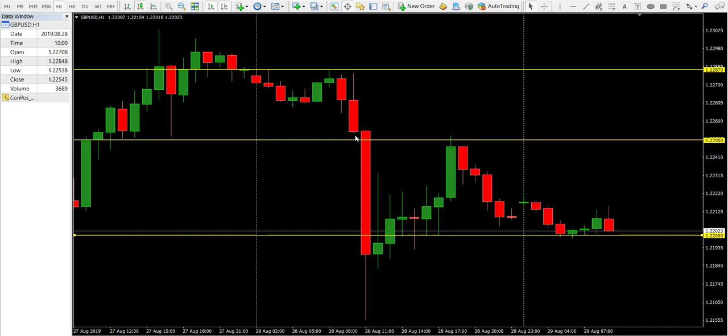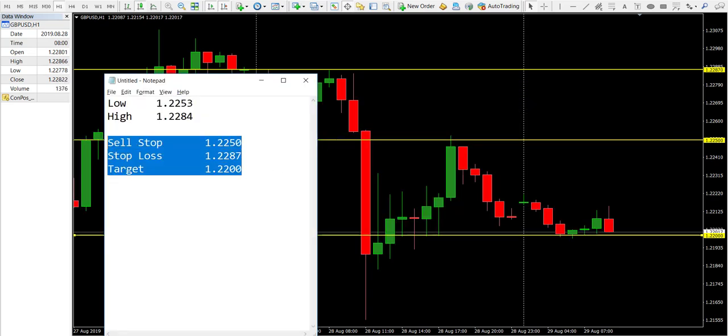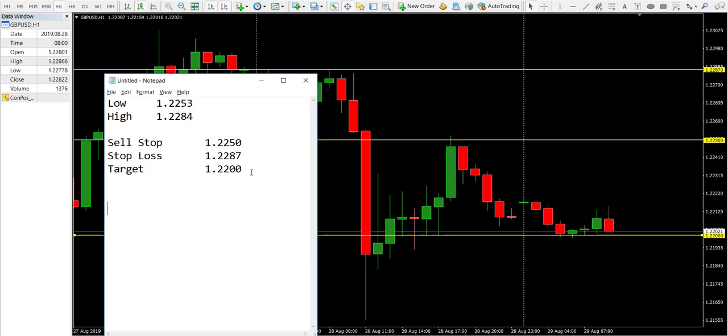So how would a buy stop be like? So we know our buy stop is at 1.2287. It's going to be the inverse of these details. So I can even copy them. So I could say this is my buy stop.